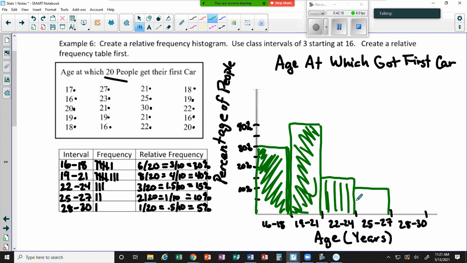I got a little high up there. If you have a straight edge, it might be nice to use. Okay, and then 28 to 30. 5%. Right.